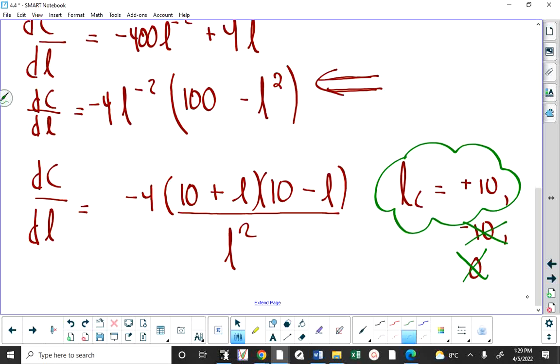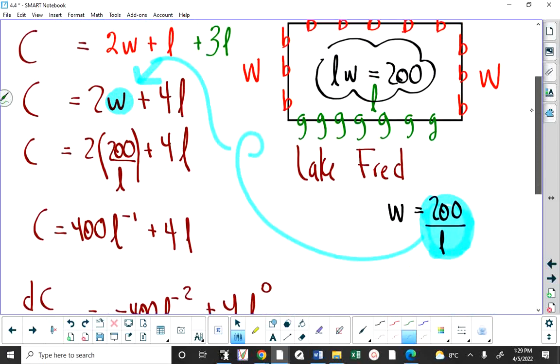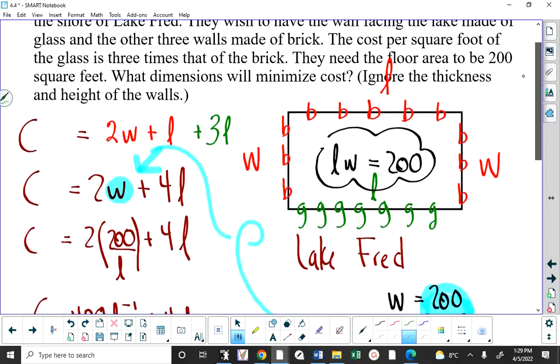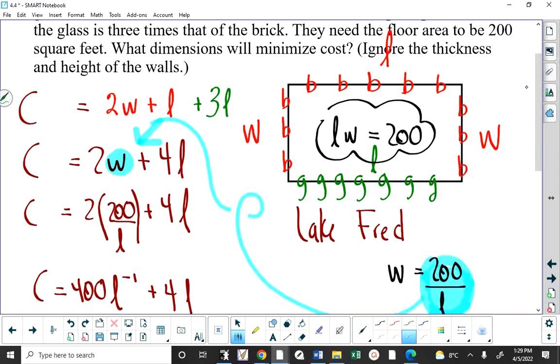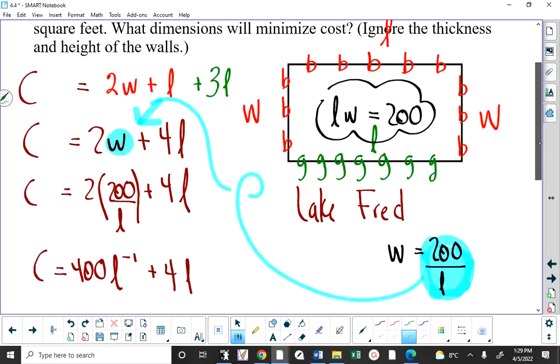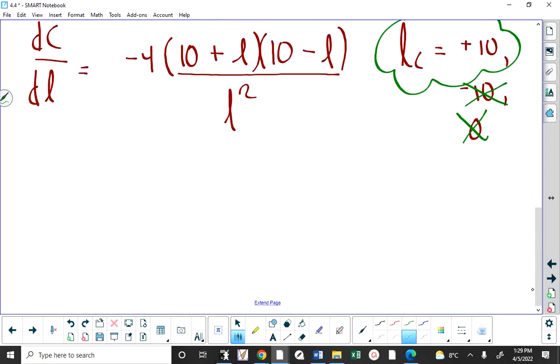So when L is 10, what were we in, feet? When L is 10 feet, the cost of the project is going to be as small as possible. So L will be 10 feet. I think I've cluttered things up enough. L is equal to 10 feet.